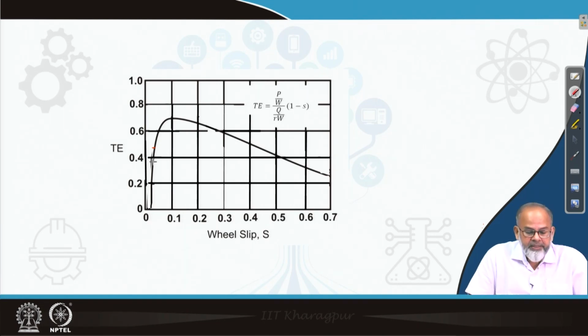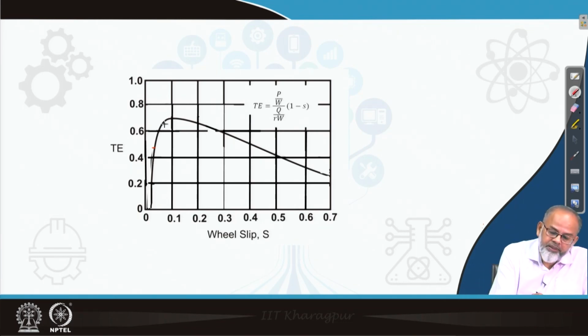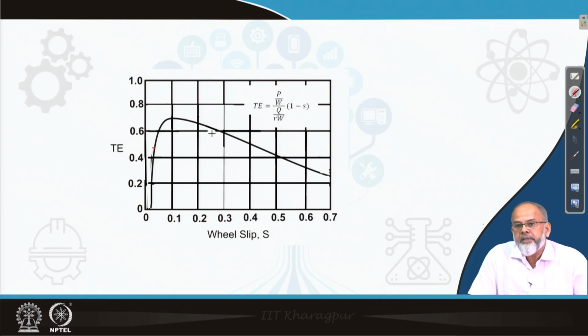Afterwards, when you further increase the slip, there will be sliding of the treads, so tractive efficiency or the output power is reduced. If you further increase the slip, the entire wheel is going to slide. Thereby, there will be lesser interaction between soil and wheel, and the power which is developed is reduced. So that's why tractive efficiency reaches a peak at a very low value of slip, maybe around 10%.